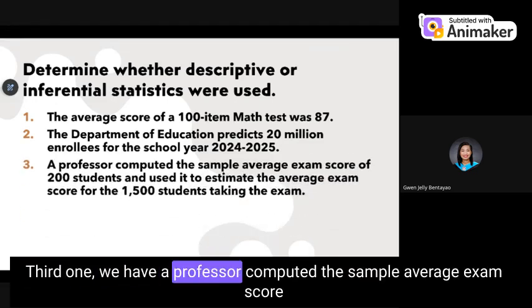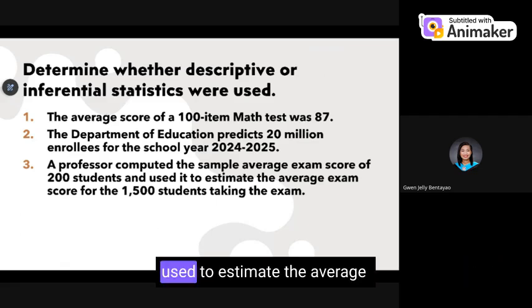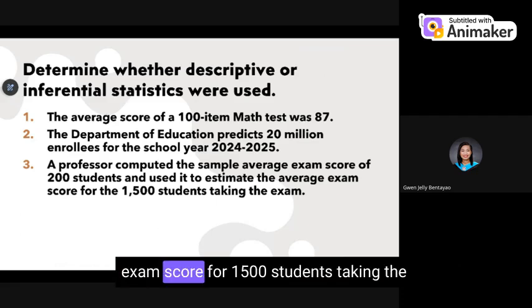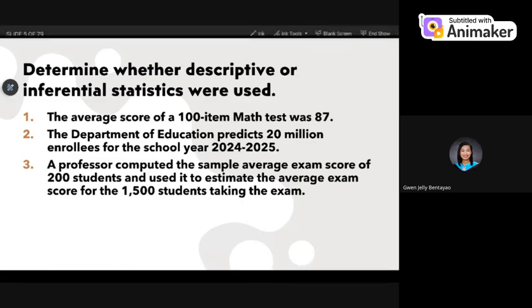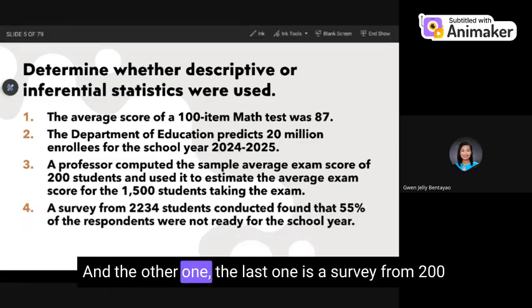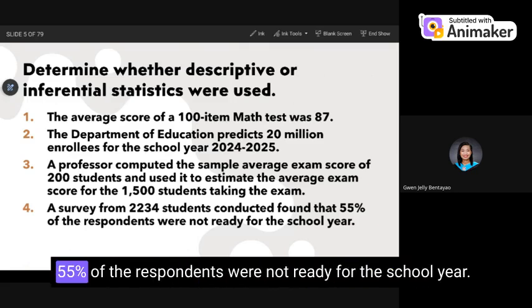Third one, a professor computed the sample average exam score of 200 students, and it is used to estimate the average exam score for 1,500 students taking the exam. And the last one is a survey of 2,234 students which found that 55% of the respondents were not ready for the school year.